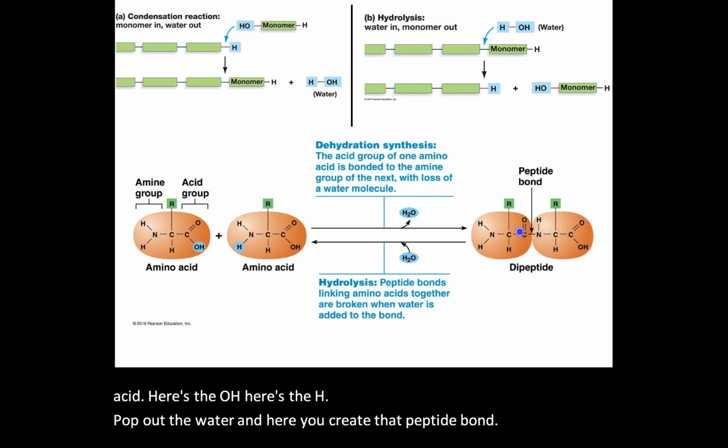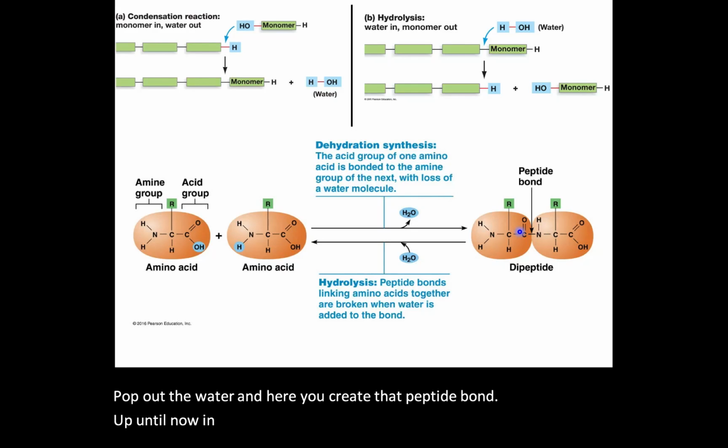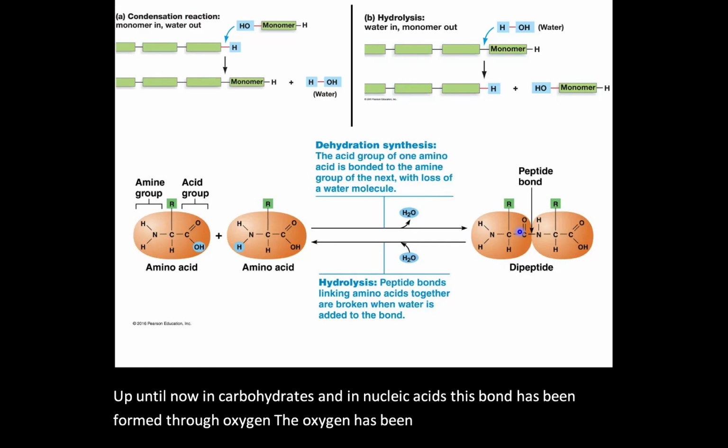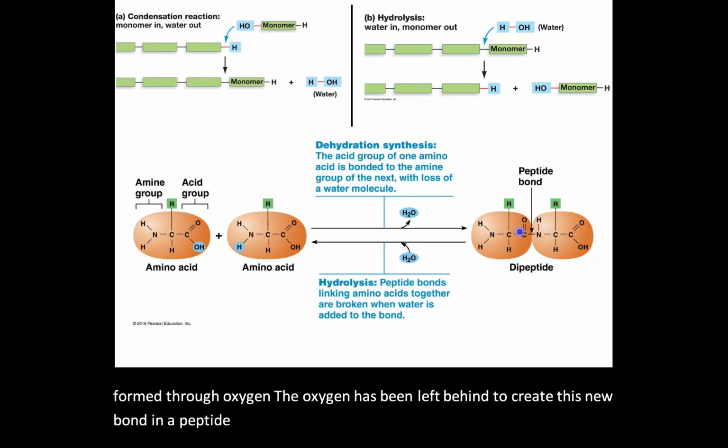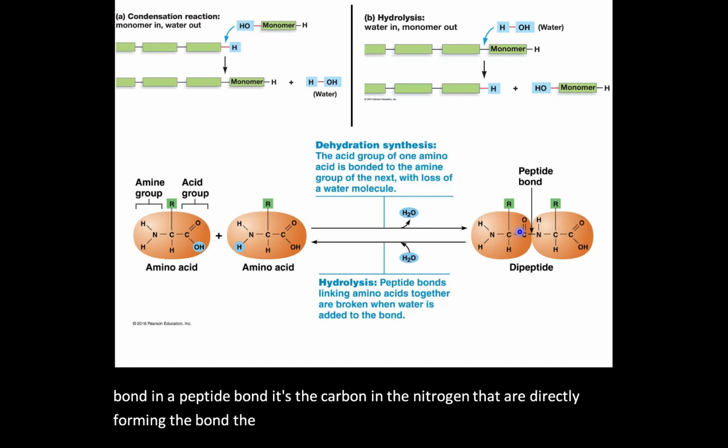Up until now, in carbohydrates and in nucleic acids, this bond has been formed through oxygen. Oxygen has been left behind to create this new bond. In a peptide bond, it's the carbon and the nitrogen that are directly forming the bond. The oxygen is used to actually stabilize the bond.